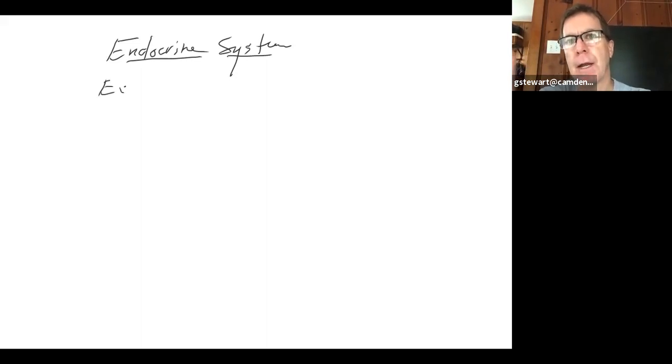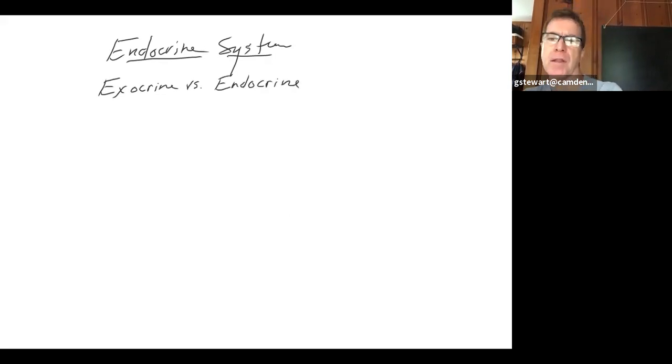And I'm just going to write out exocrine. I'll expect you to know this. Exocrine versus endocrine. We went over this when we talked about glands way back at the beginning of the semester. Just to remind you, these usually describe cells or glands.